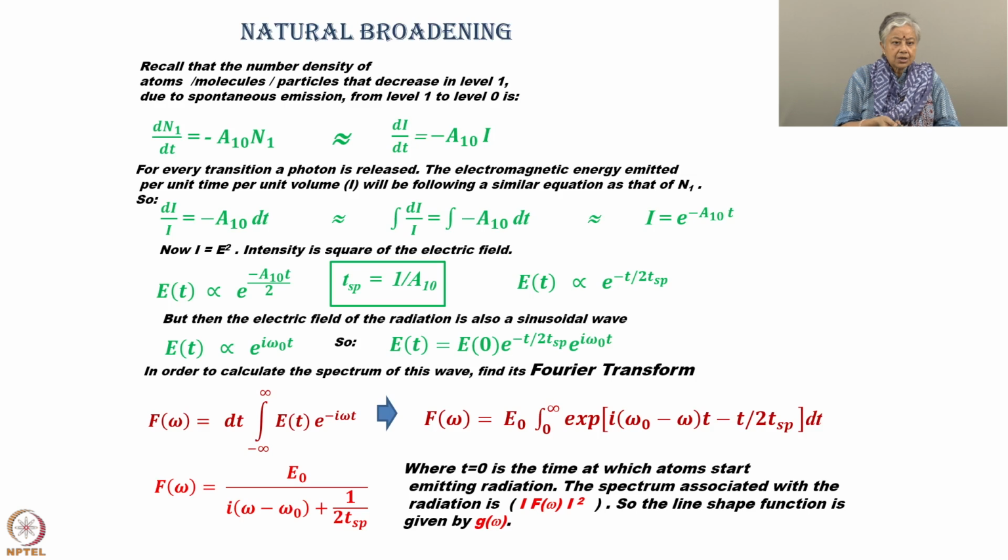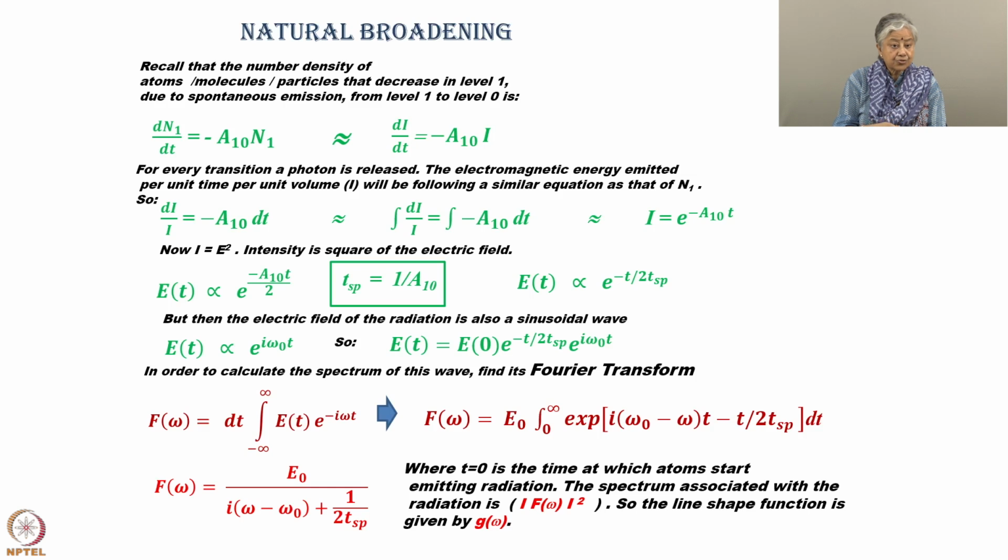So, if you recall the number density of the atoms, molecules, particles that decrease in level 1 due to spontaneous emission from level 1 to level 0. Okay. Just try to recall the previous slides and you will know that.